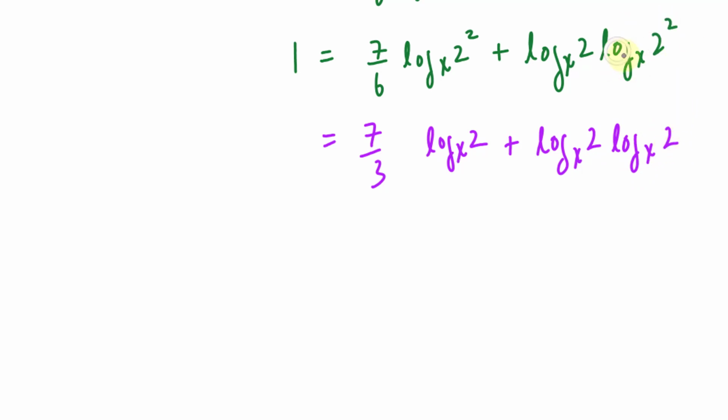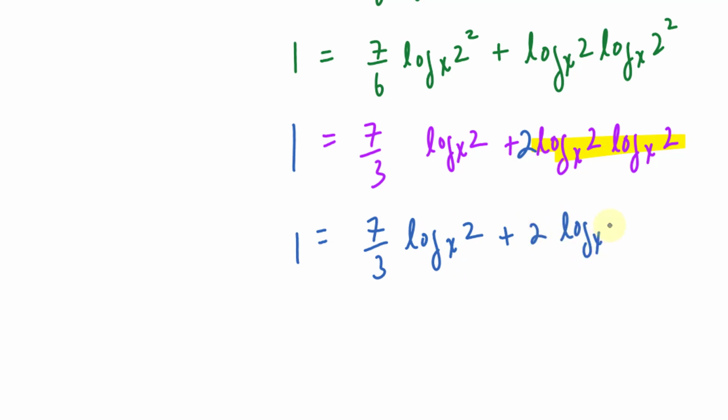If I apply the same rule here, then I can write this entire thing multiplied by a factor of 2, and that gets rid of that exponent of 2. We have 2 log base x of 2's being multiplied, which we can write down as a power. So you can write down plus 2 log base x of 2 raised to the power of 2.